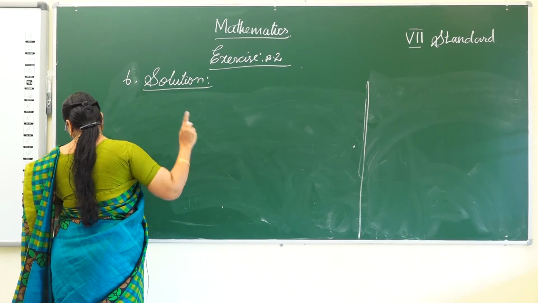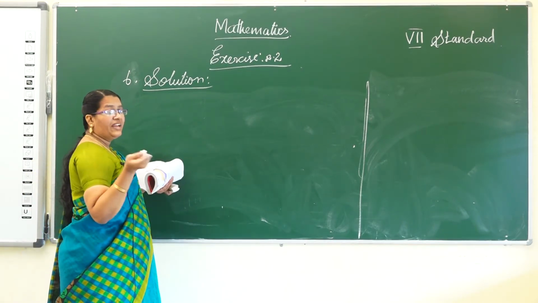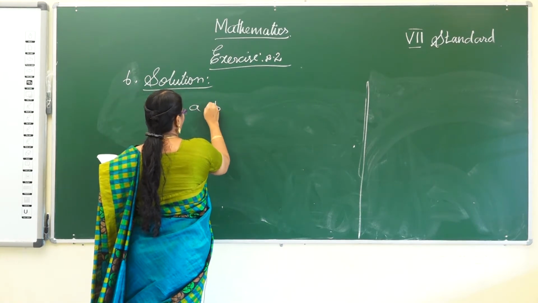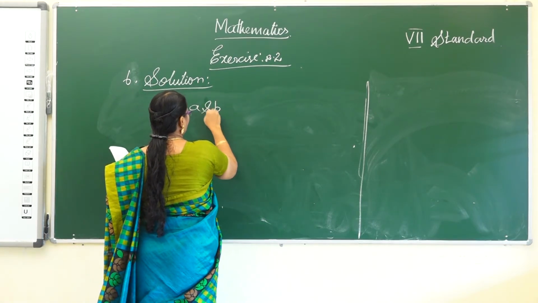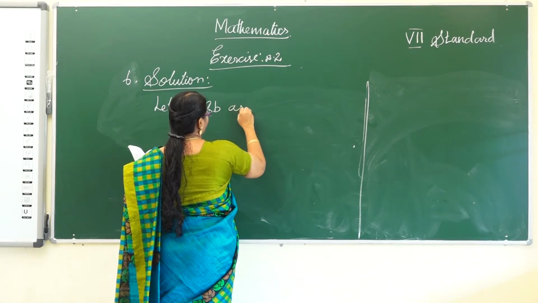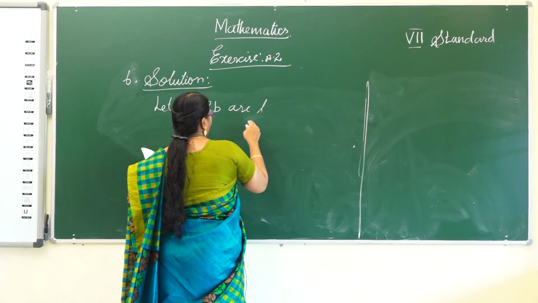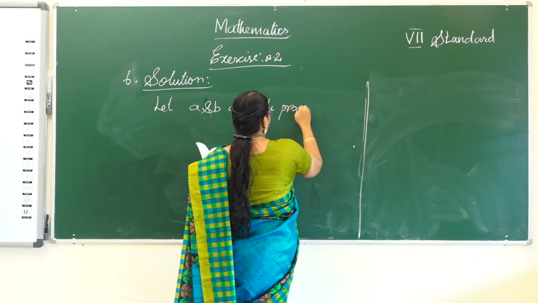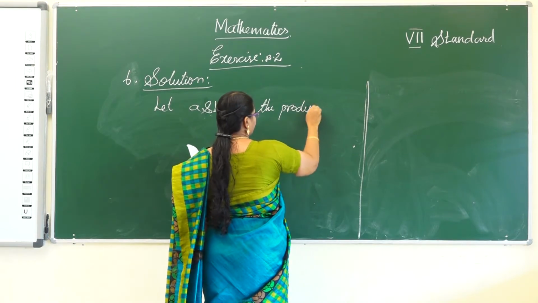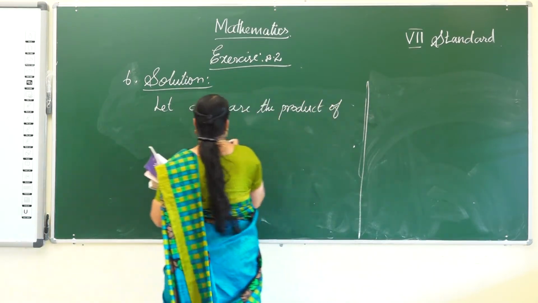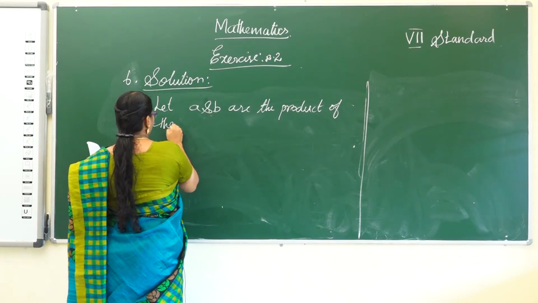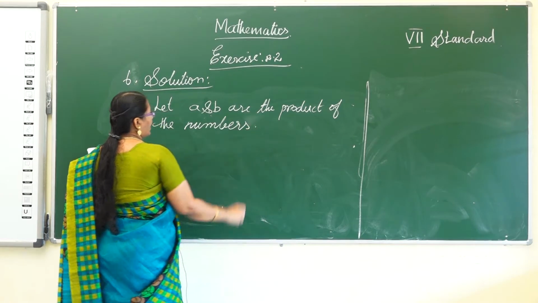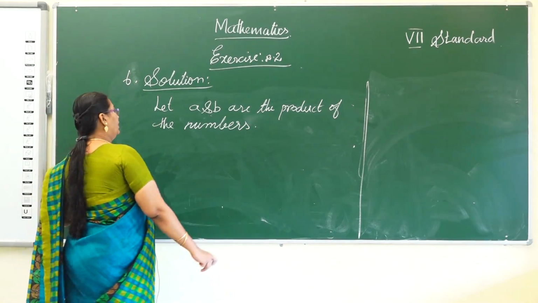So the product of two numbers is 28 by 81. So let A and B be the numbers whose product is given.